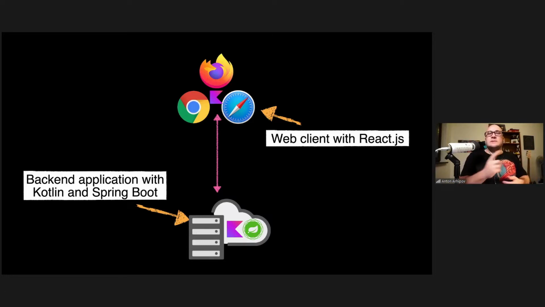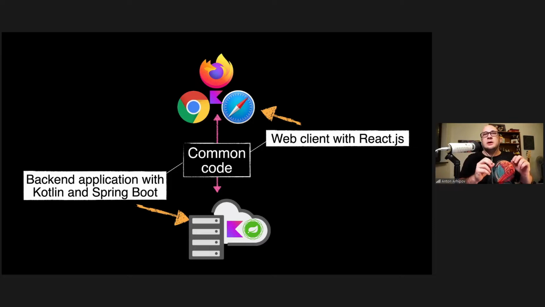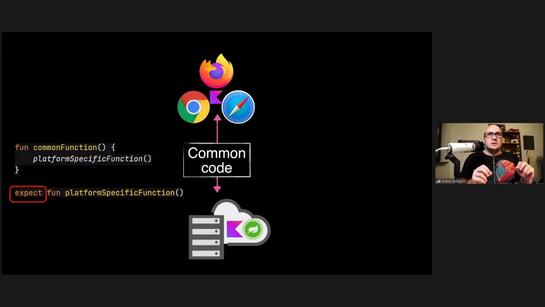And the language gives us the tools to actually not just transpile the code into different targets, but it also gives us the tools for declaring some of the functions in the common code.